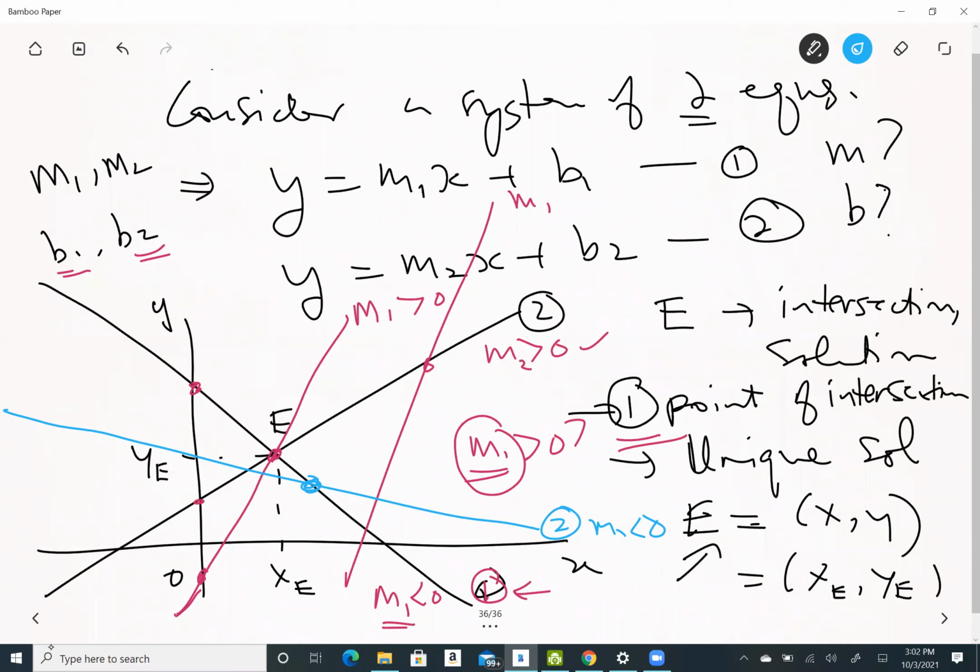So you can have three things: one slope negative and one slope positive, both slopes positive, and both slopes negative. So what is the most general condition on the slope for you to have one solution?